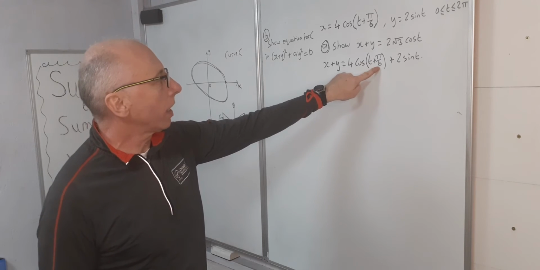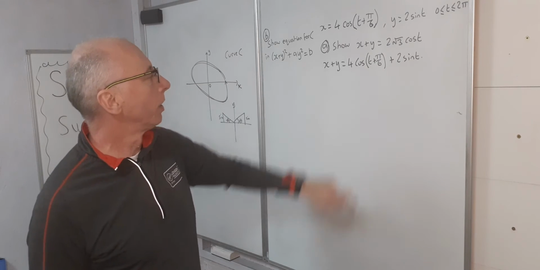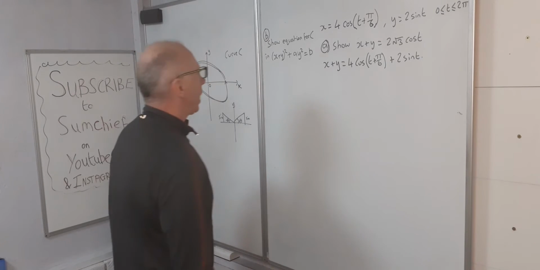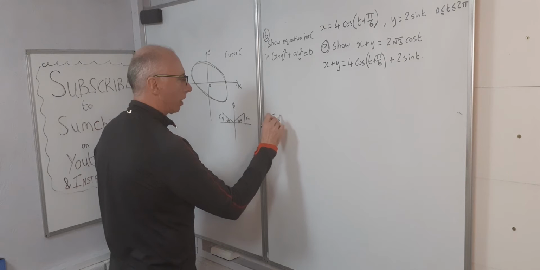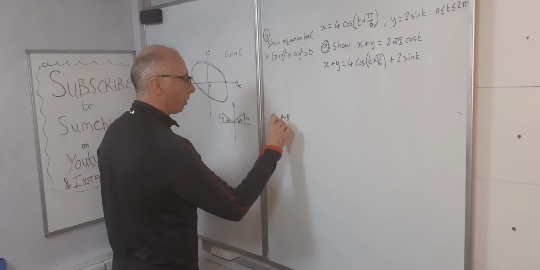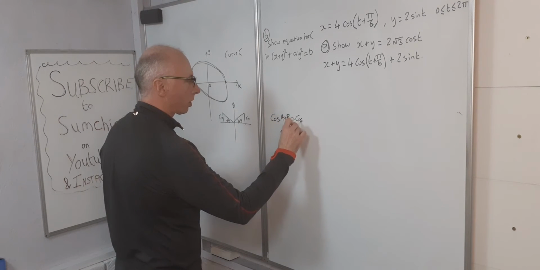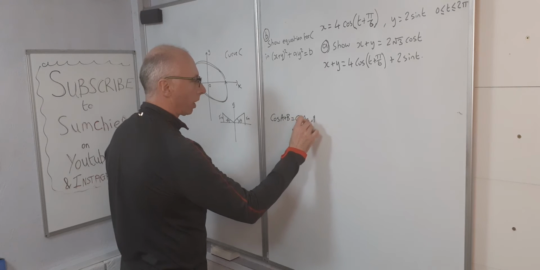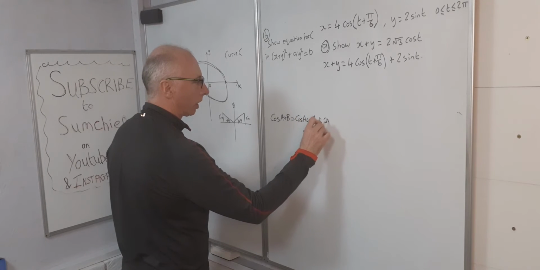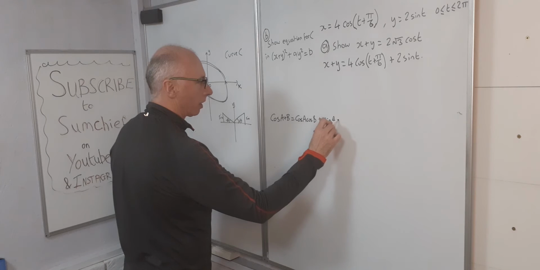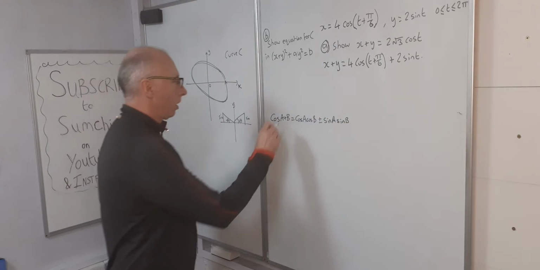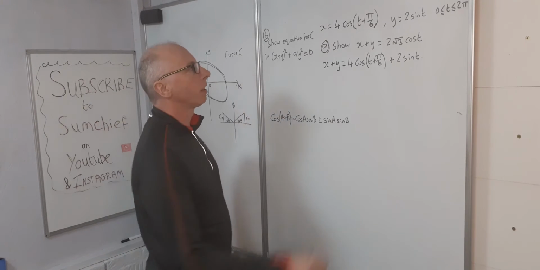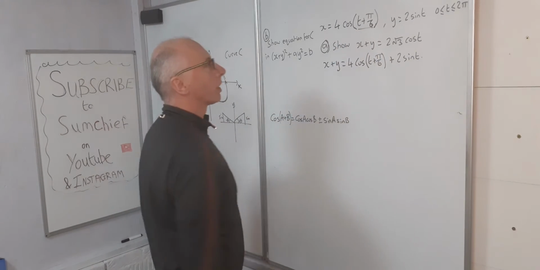So this is the same as the compound angle formula. So if we just write that just here: cosine (A plus B) equals cosine A times cosine B plus or minus sine A sine B. So for our angle here, we've got t plus pi over 6.